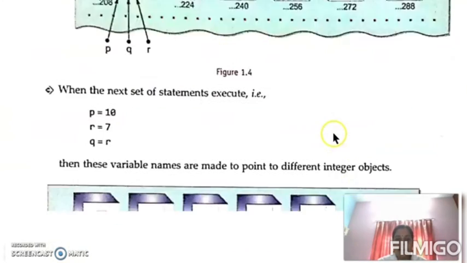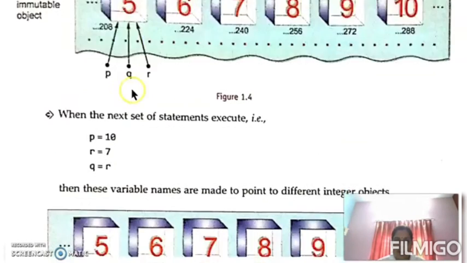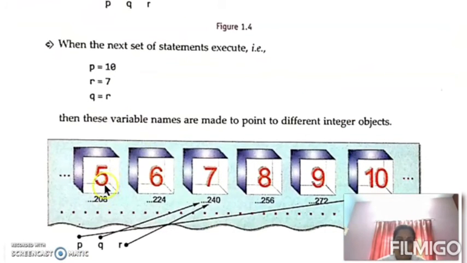In location 208, the value will be 5 in both cases. We are changing the values of p, q and r: p becomes 10, r becomes 7, q becomes r's value. Then a new place is assigned, and there the value is changed.